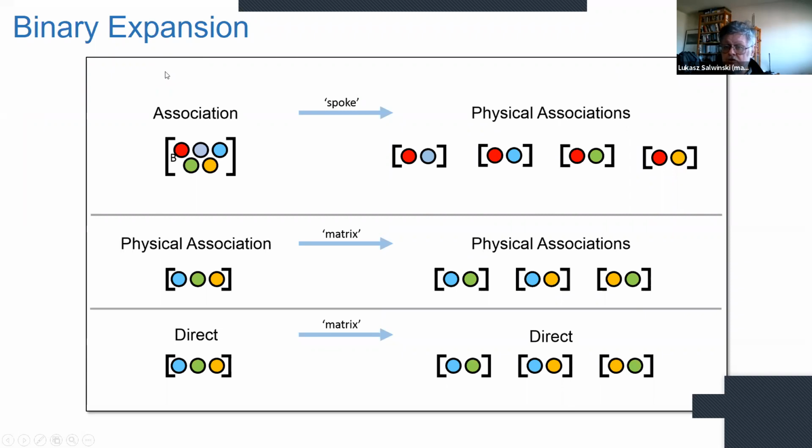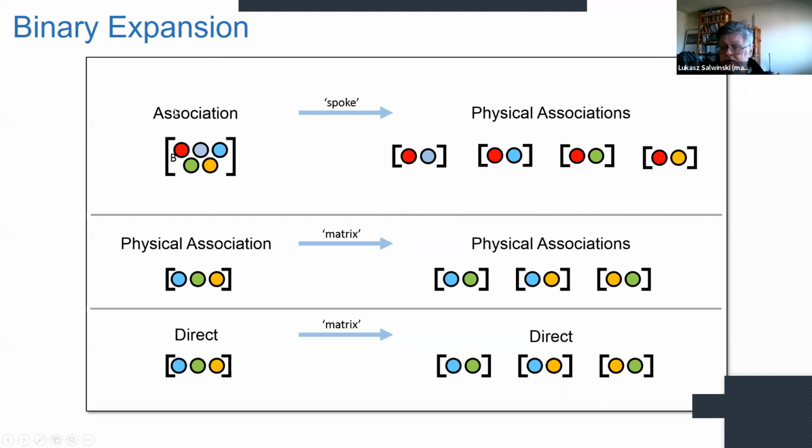This is an operation which converts a record listing five proteins as interacting, as an association, into a collection of pairwise interactions that can go into Cytoscape, that can be presented as a graph.